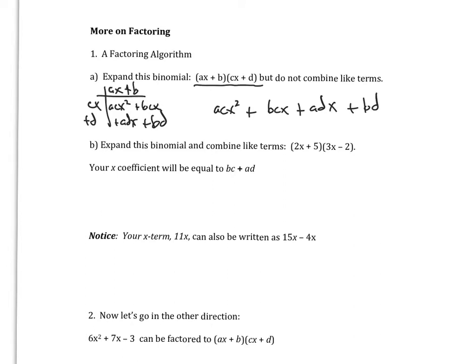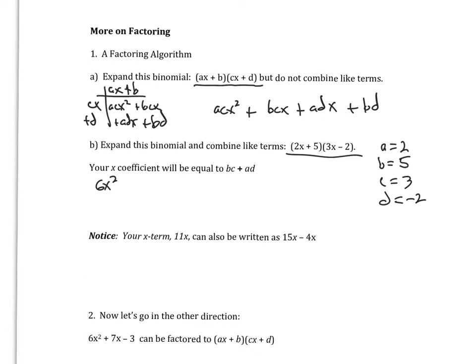Okay, so if we do the same thing for this, where a is equal to 2, b is equal to 5, c is equal to 3, d is equal to negative 2, we get acx squared, so 2 times 3, or 6x squared.